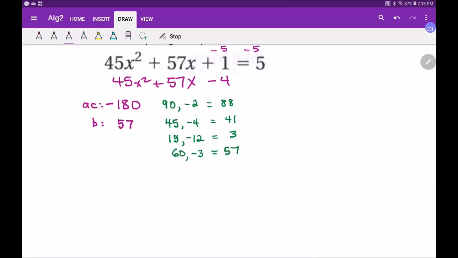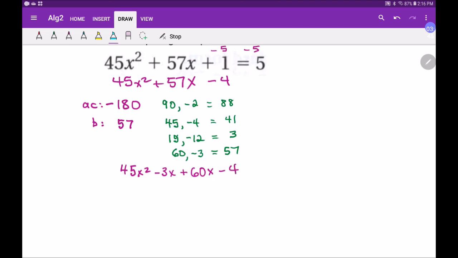But it does work. And now we rewrite the problem and we say 45x squared, and I guess I'll put the 3. We'll say negative 3x and positive 60x, and then negative 4.